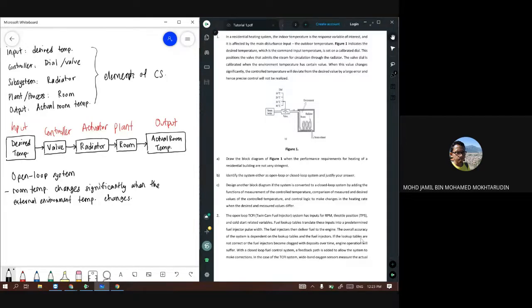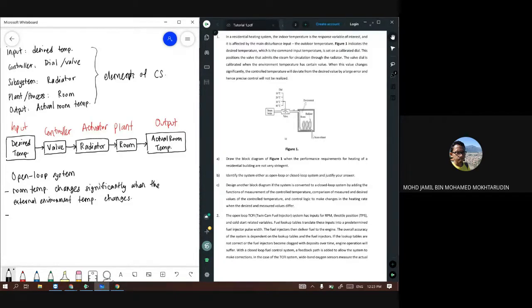Okay, so in this system, whenever there is a disturbance, then the actual room temperature will change significantly, and you need to calibrate the dial so that you can overcome or reduce the effect of environment temperature.